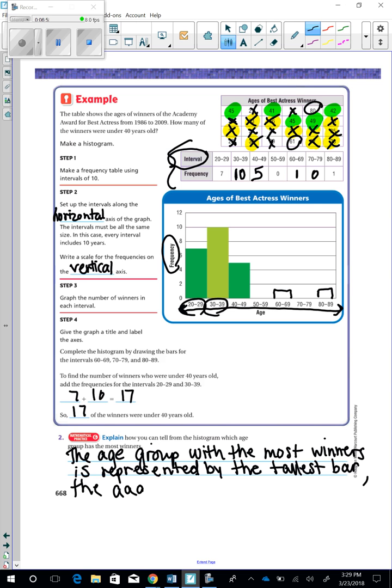The age group 30 to 39 has the most winners.